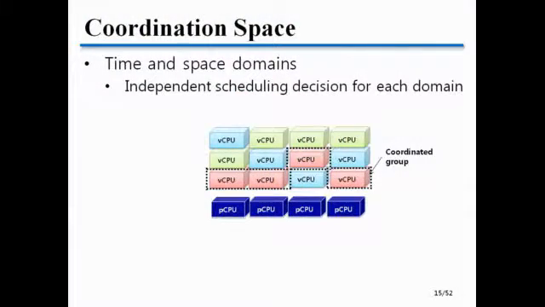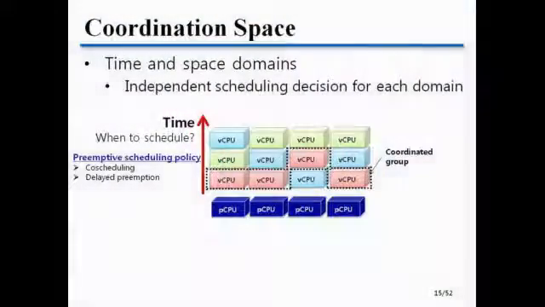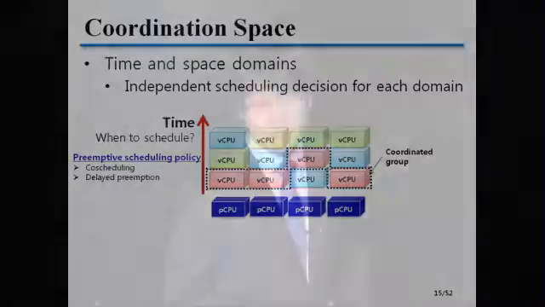Our coordination is independently carried out in the time and space domains. In the time domain, the scheduler controls when to schedule vCPUs by manipulating the preemptive scheduling policy. So coscheduling and delayed preemption are decided in this domain.